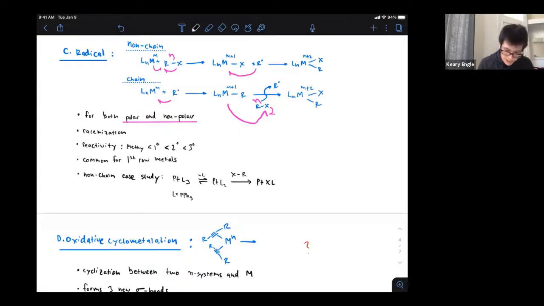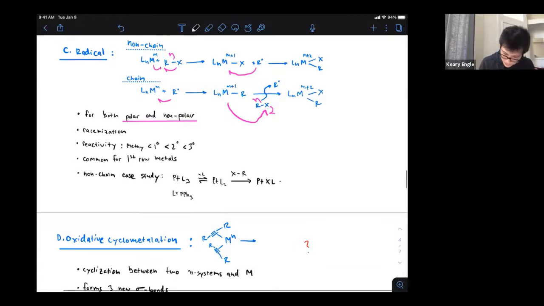So here we have a platinum 0 tris-phosphine complex, which is very electron rich and can homolyze this organohalide. Radical recombination in this case is fast. So the reaction is second order in platinum and in organohalide.